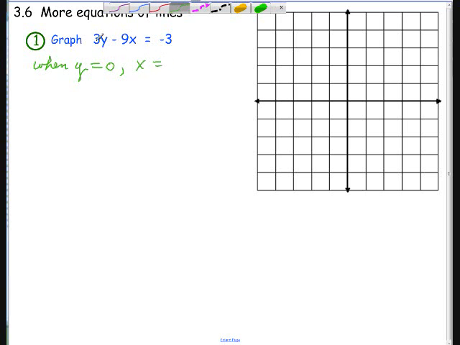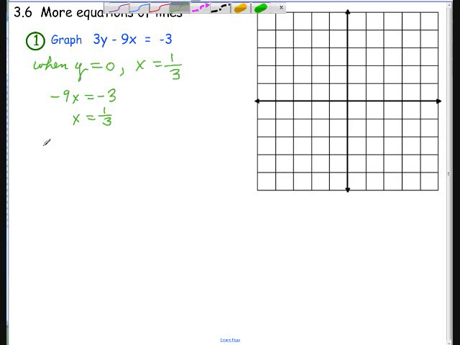When y is equal to 0, I end up with negative 9x equals negative 3. When y equals 0, this zeroes out. And then I'm going to divide both sides by negative 9, and I end up with x equals a positive 1/3.